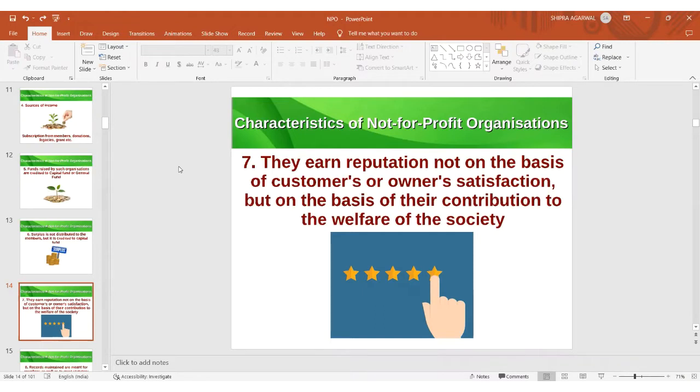But when I talk about these non-profit organizations, they do not build their name based on customer satisfaction. They build their name based on the welfare of the society, right? That means how much contribution they have given for the welfare of the society, that will give them a reputation.